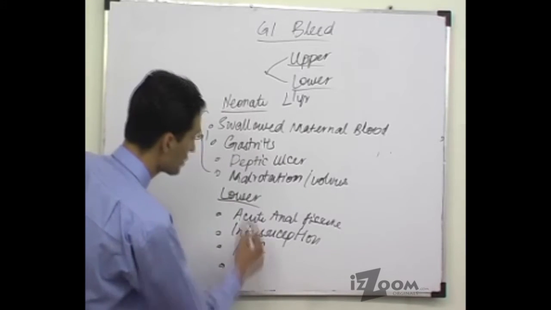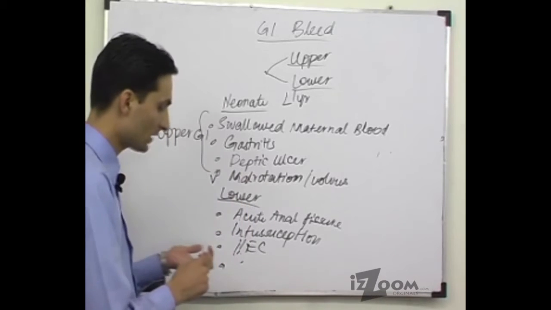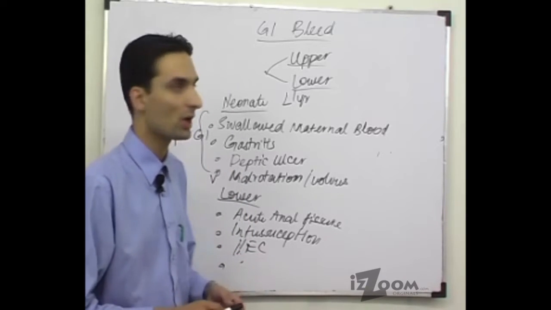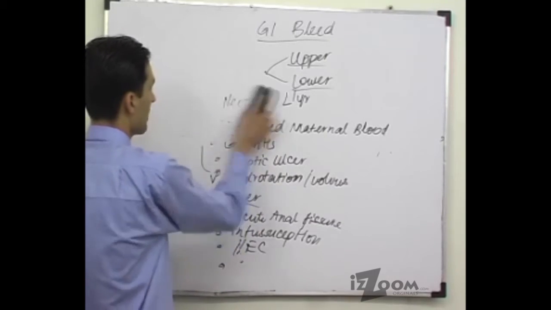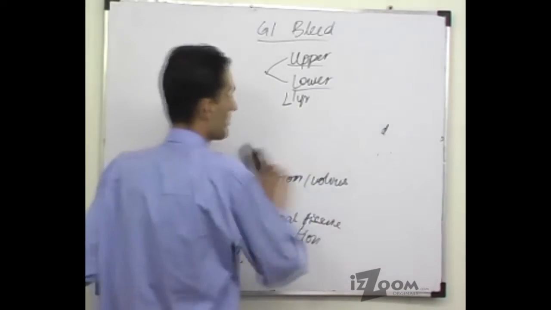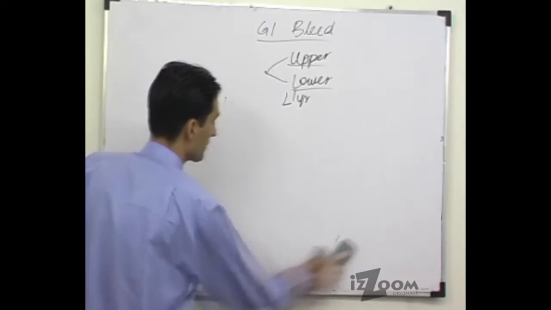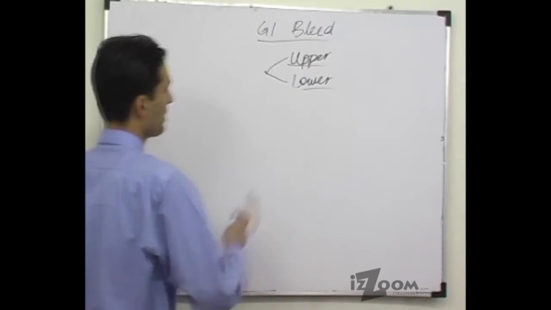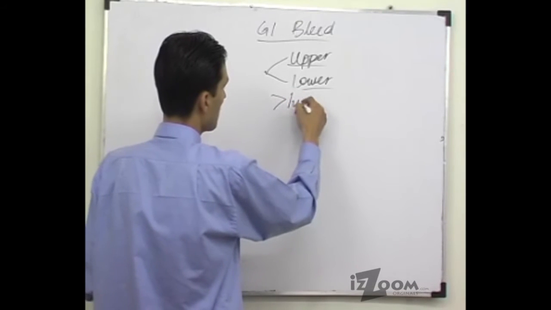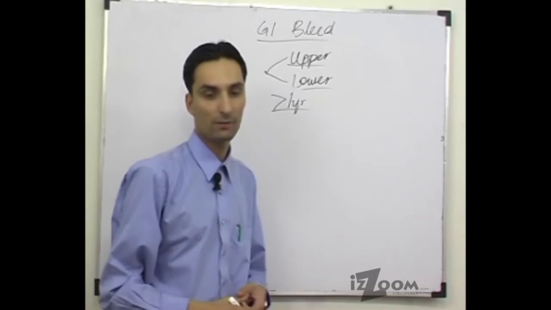Also, malrotation and volvulus of the lower GI tract can cause lower GI bleeding. So these are common causes of upper and lower GI bleeding in infants less than 1 year of age. If the child is greater than 1 year of age, the causes differ slightly.